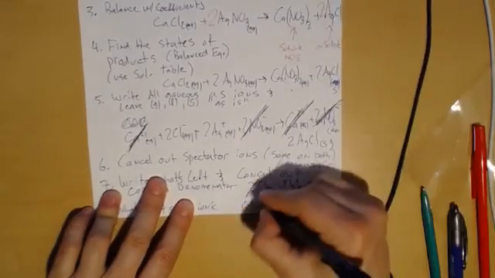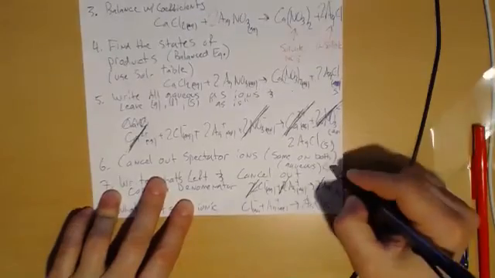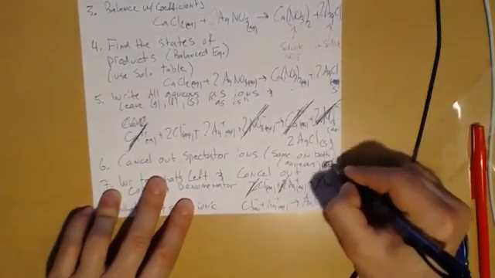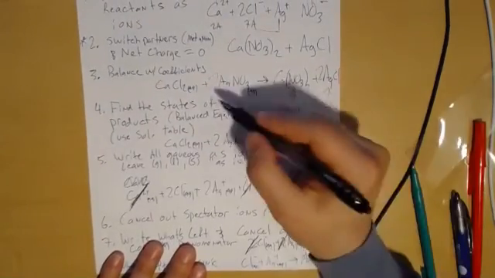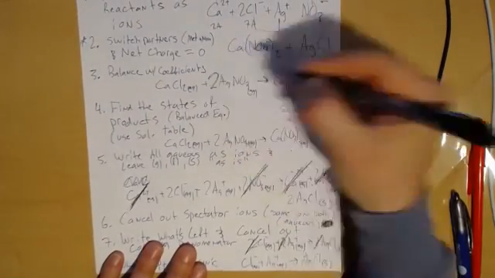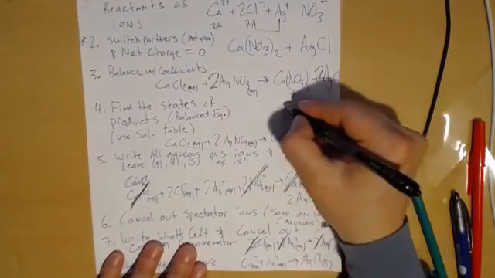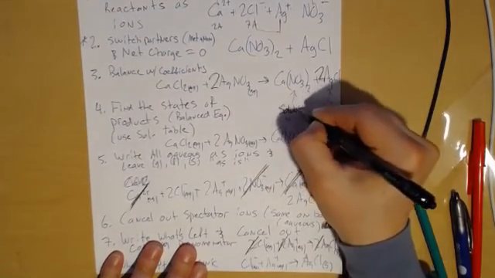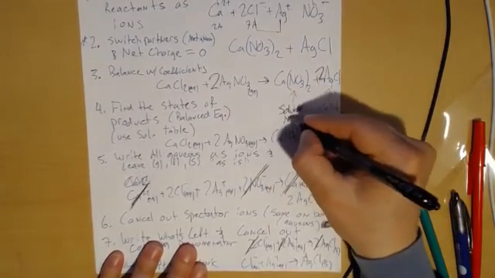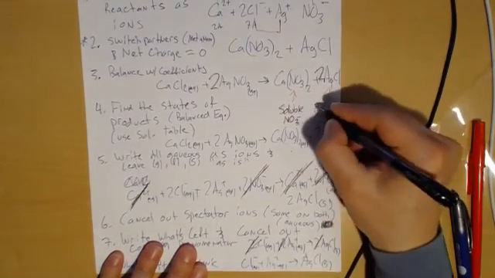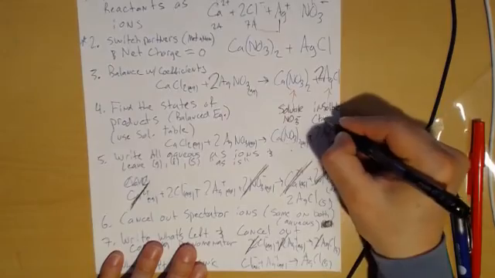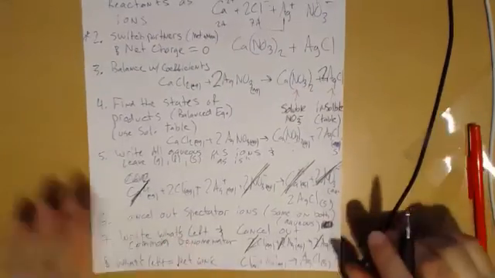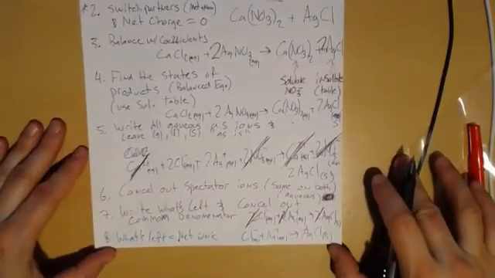All right, and I guess the only other reds I have was this 2 here. And this one's soluble because of NO3 minus, and this one's insoluble. Let's just say from the table. Okay, is that easier to see?